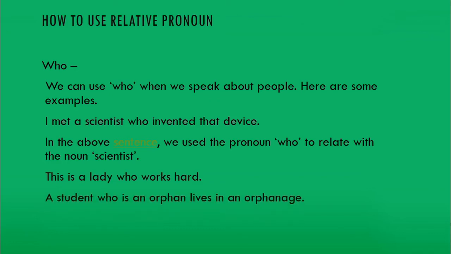A student who is an orphan lives in an orphanage. So in this sentence, this is a lady who works hard, this who is used here to mention the noun lady. In the next sentence, a student who is an orphan lives in an orphanage, here who is used to mention the student.